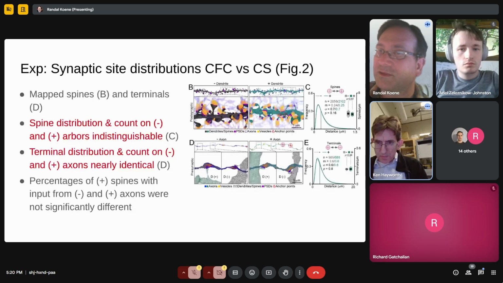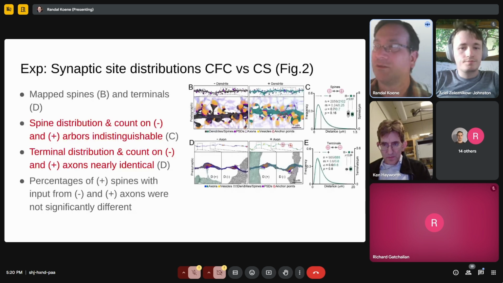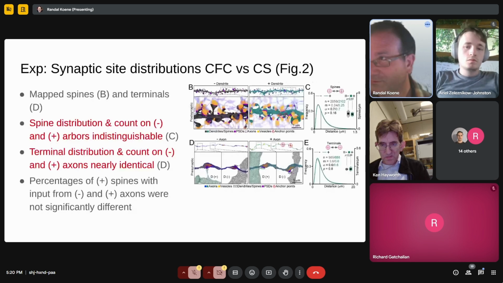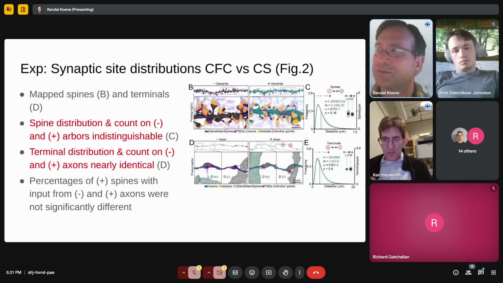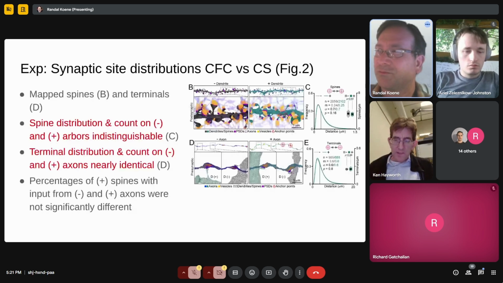Is that correct? That's how I read it as well. Yeah. Okay. And with no change in spine count and distribution and no change in terminal distribution and count, then overall, without looking at the details of particular spines or terminals, you could say that there are no new synapses. Yeah, there's no change in the synaptic connections between plus plus versus, say, plus minus, minus plus and so forth.